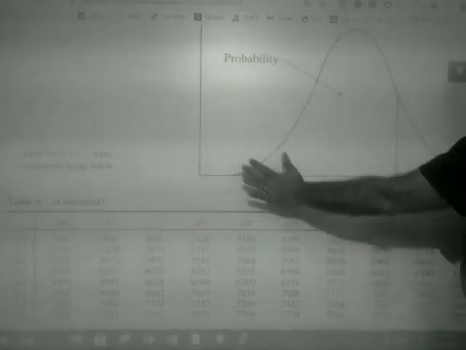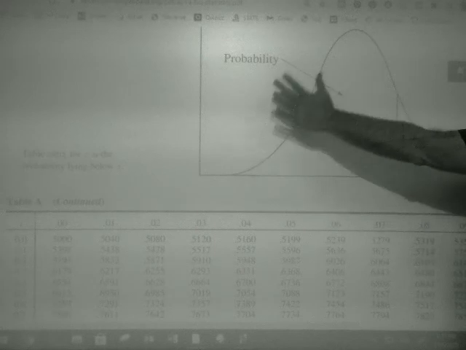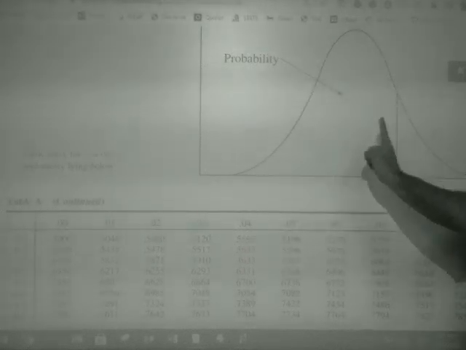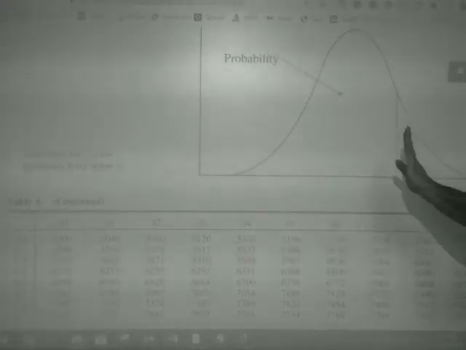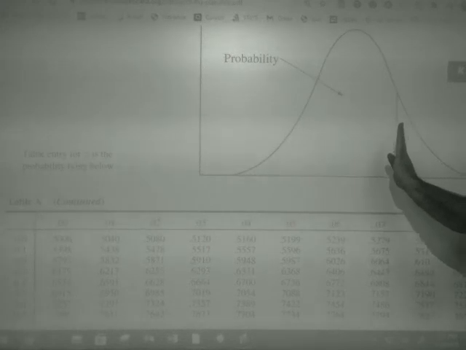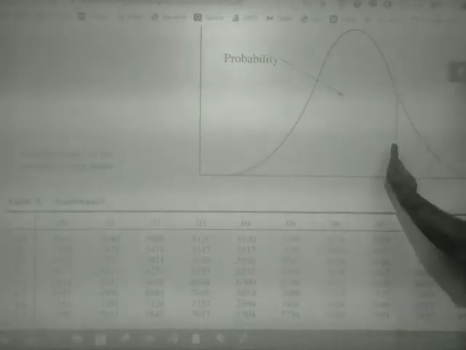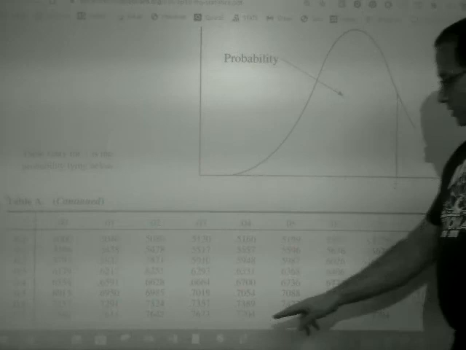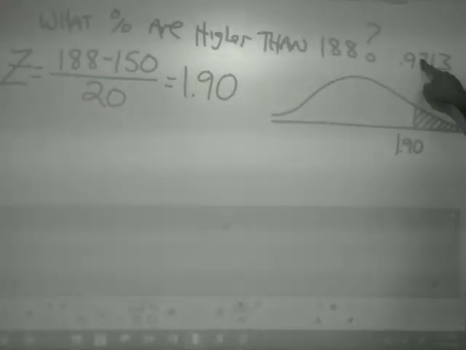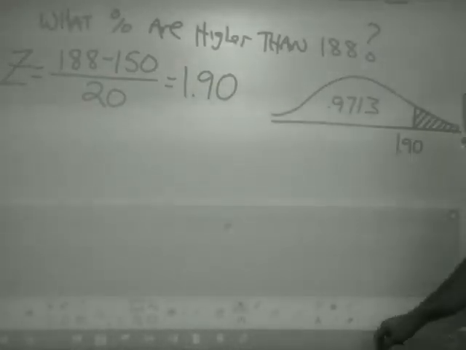If this whole thing is 100% or a value of 1.00, then all I have to do is take 1.00 minus what's down here, and I'll have what's up here. So this is really this part of the graph.